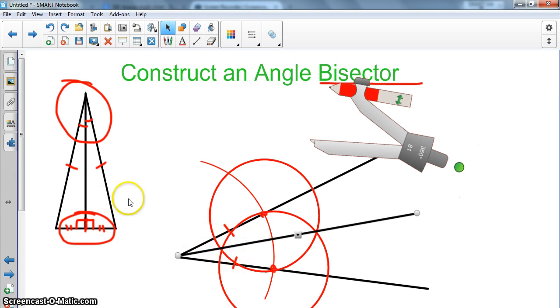So the first step that we have to do is create an isosceles triangle, or get these two lengths to be the same with this first circle, and then use the intersections on our angle and that circle as the base of an isosceles triangle, and make the perpendicular bisector, which ultimately is going to bisect our angle here. Okay, so please be able to construct some equilateral triangles and some angle bisectors, because those are some big concepts that we need when we make our angle tool.